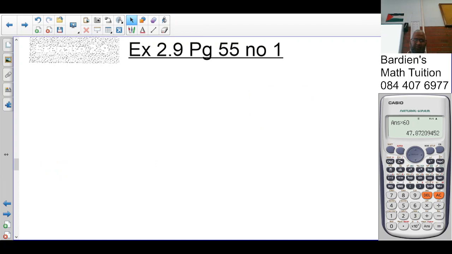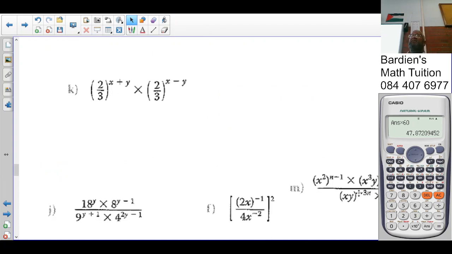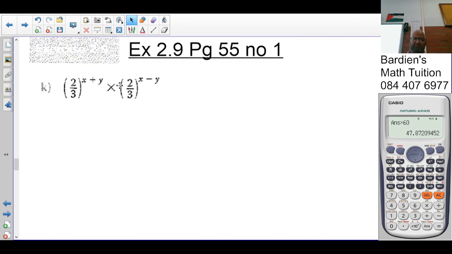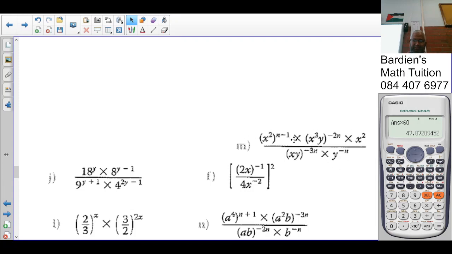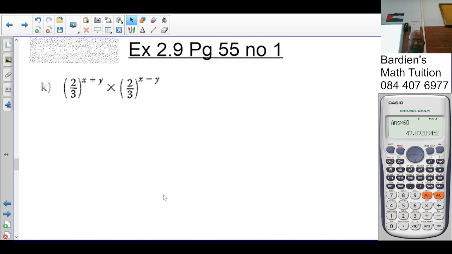Don't be caught in the exam. It's 5 marks, 4 marks. That's why it's important to know this, and you're going to use it in grade 10 and 11 as well.